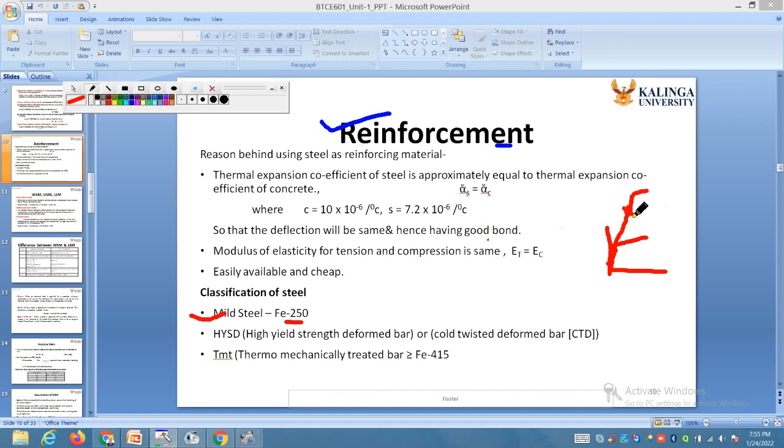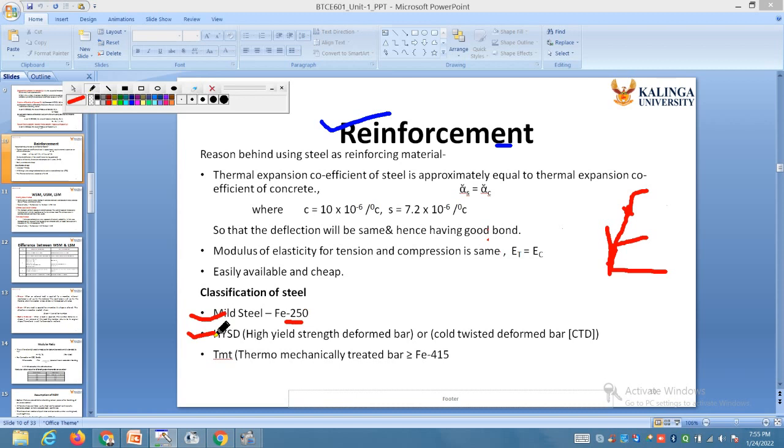The point from where non-linear behavior starts is known as the yield point. The yield value in case of mild steel is 250 megapascal, so we abbreviate it as Fe250.